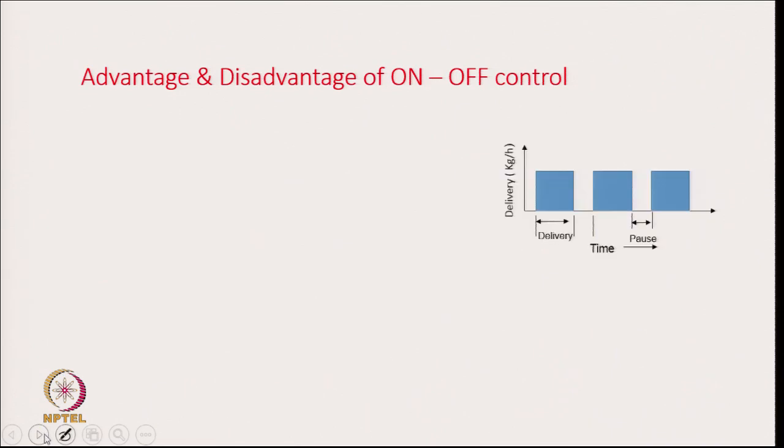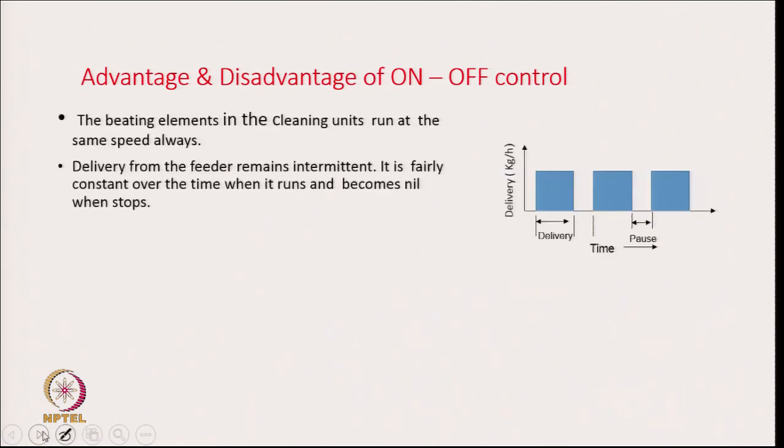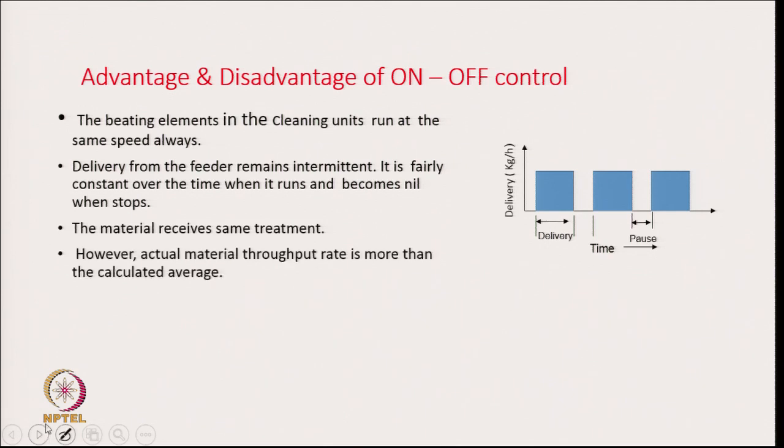Now, the advantage of this on off control: the beating elements in the cleaning units run at the same speed always, or constant speed basically. Once we set the speed of the beating element of the cleaner, it runs at the same speed. If it is 800 rpm, it will run at 800 rpm continuously.